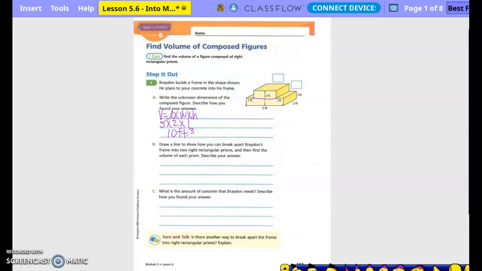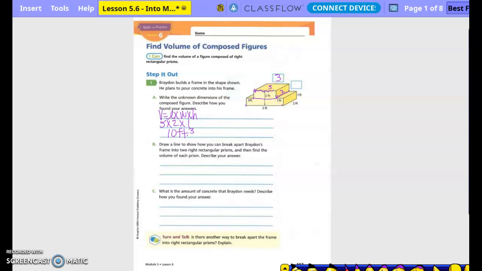Okay, so you have to knock off 1 foot and another foot. So what's 5 minus 2? 3. So the length of this one would be 3, right? Okay, so right along here would be 3. This stays the same as the other one, so this would be 2, right?